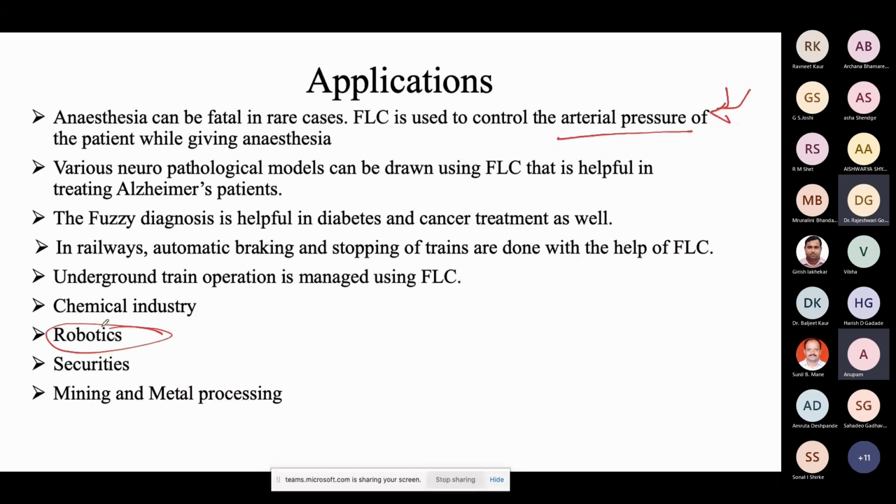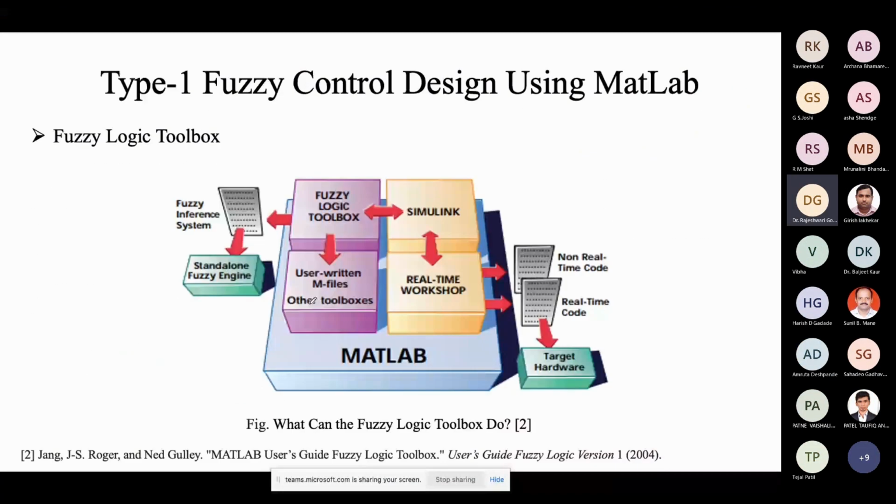So it has a lot of applications in the literature. Next, I'm going to discuss a few very basic things, then go back to the robot control applications, which I implemented in MATLAB itself.